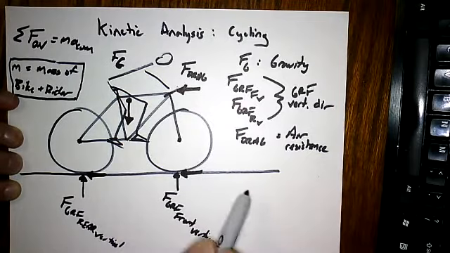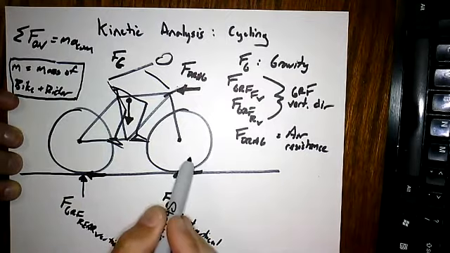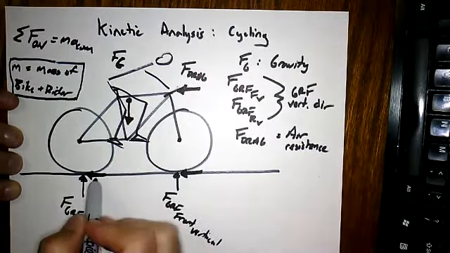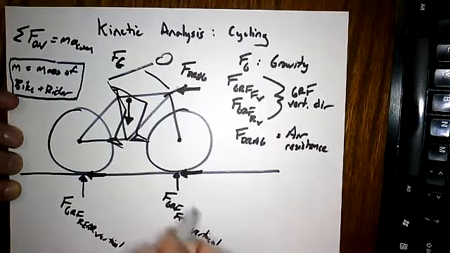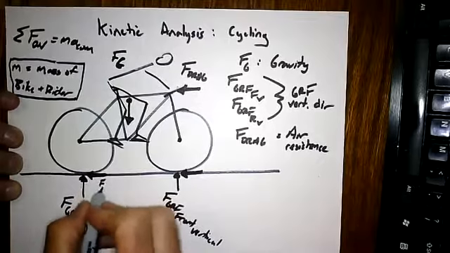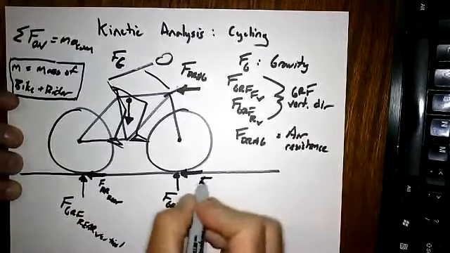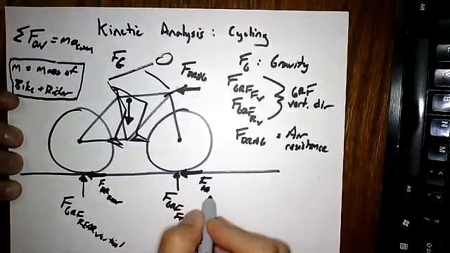Right now, I'm actually going to fold any resistance to rolling into rolling resistance forces. Now, I have a rolling resistance at the rear wheel and a rolling resistance at the front wheel. So I'm going to put F RR, rear, and F RR, front.